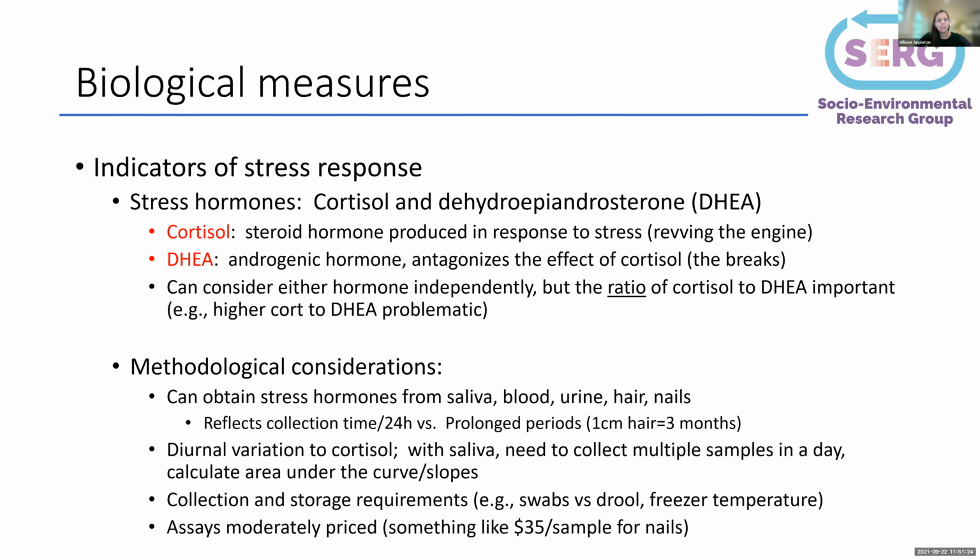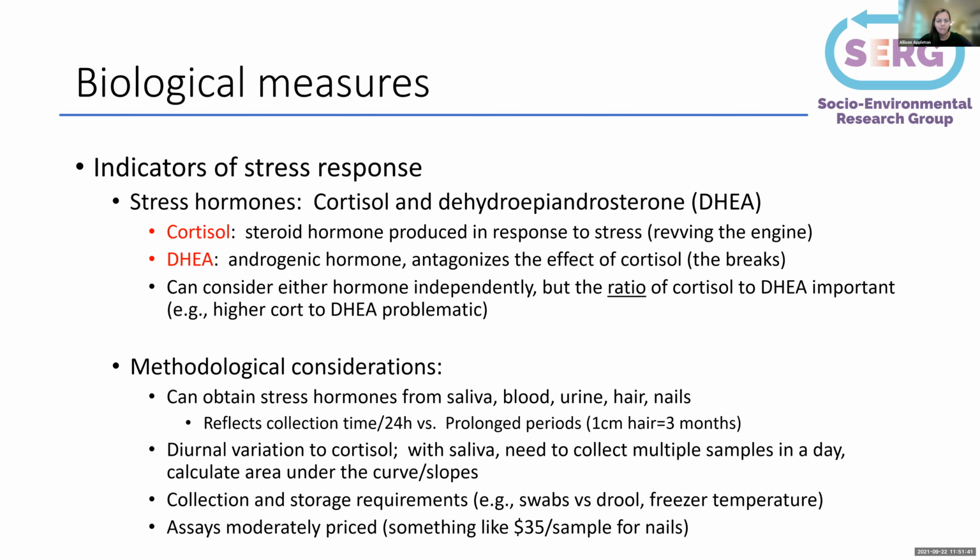Methodological considerations. You can obtain stress hormones from saliva, blood, urine, hair, or nails. Depending on the tissue you use, you're going to have a different exposure window represented.